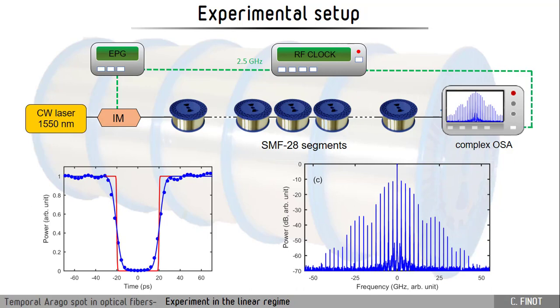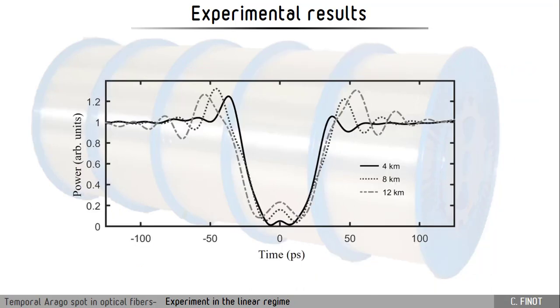So let us now see what we have at the output. So here is the signal for 3 different lengths of propagation, and we see the different features that we have mentioned previously. So we have at the center the Arago spot, whose level progressively increases upon propagation, and at the edges we see the oscillations that are moving away from the center of the waveform.